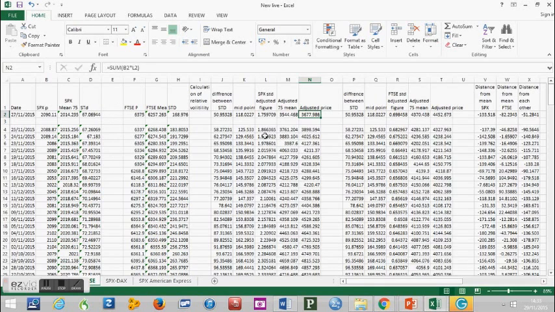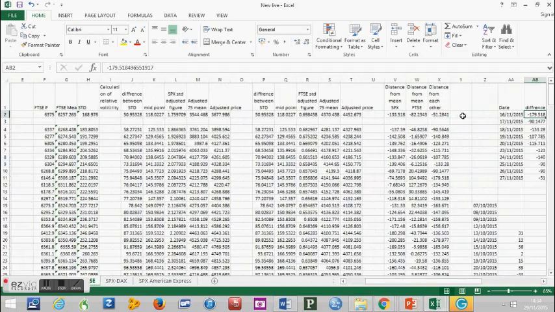That's done by a fairly simple but slightly complicated adjusted figure. We take the difference between these two standard deviations, calculate the midpoint, and then divide the midpoint by this to get the adjusted figure, and we adjust the mean and the price. We do that once again for the FTSE, and then we work out the difference.